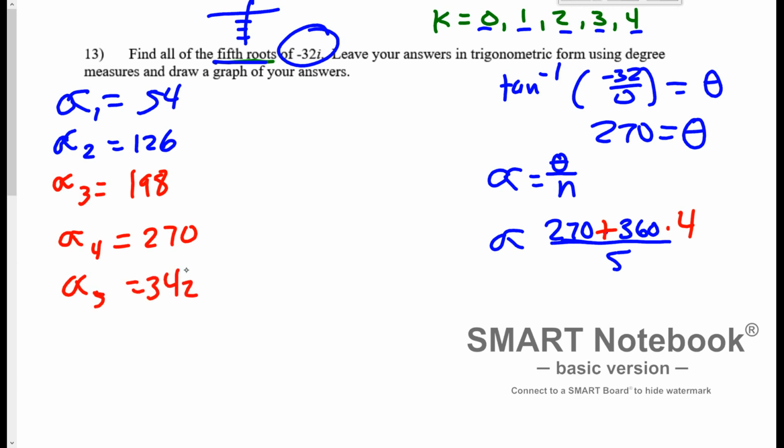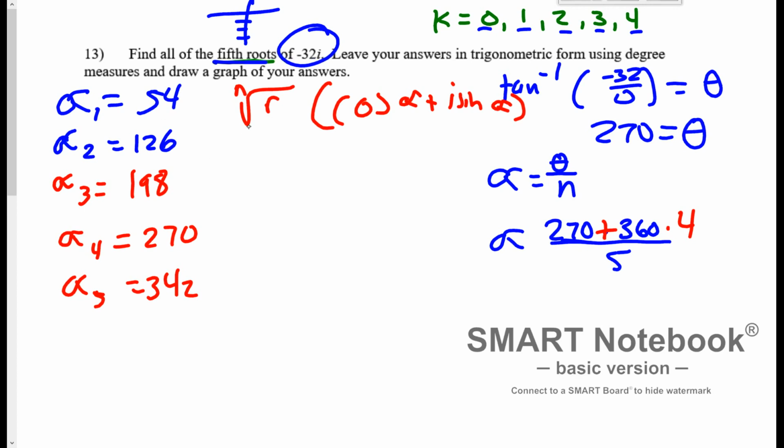Okay, so then I can go ahead and use the theorem that says I can plug this into trig form or polar form. It's the nth root of r times cosine of alpha plus i sine of alpha. So I'm going to have it 5 times, right? So I plug in my r.